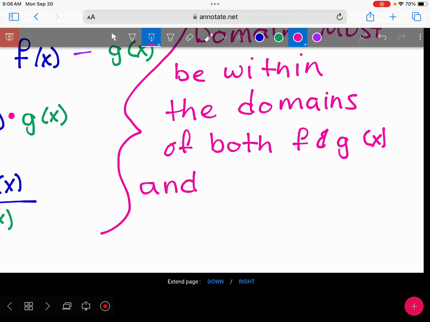It has to be true for f, it has to be true for g, and it has to be true of our new function.